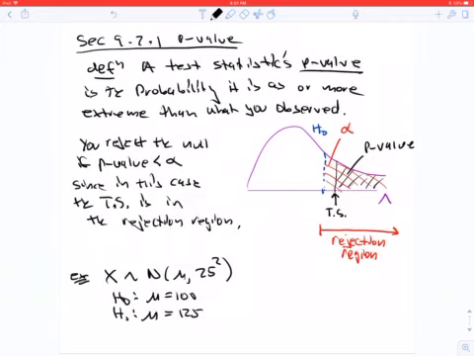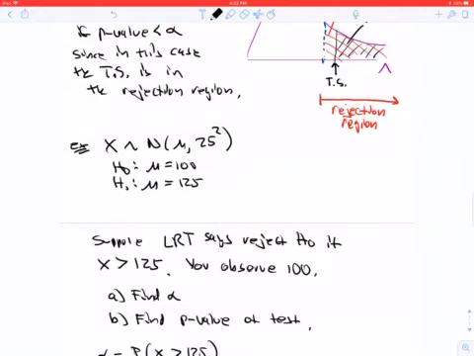You can compare that with alpha, which is the area to the right of the cutoff point, which corresponds to the entire rejection region under the null distribution. So you reject the null if the p-value is less than alpha, since in this case the test statistic is in the rejection region.